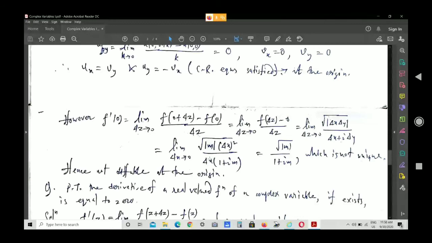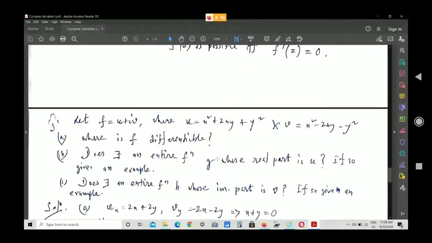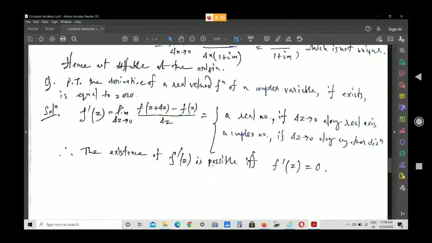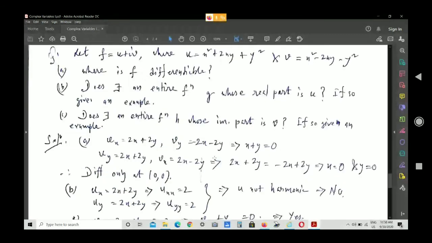The main thing is that when you have to show that a function is not differentiable, you have to apply the definition and show that this limit is not unique, taking whichever path is convenient for you. Some other problems are also given here. Try to understand them. You can ask me anytime if you have any doubt.